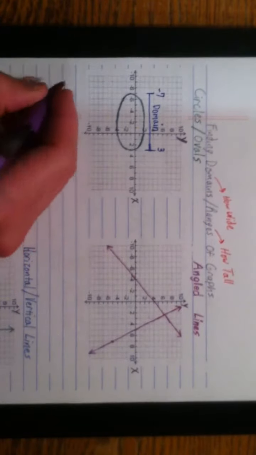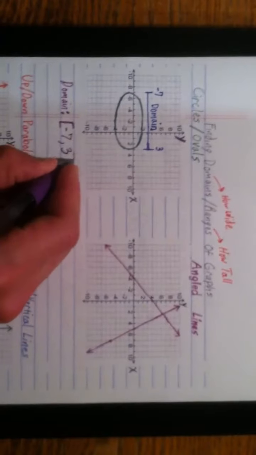So when we are writing our domain, we want to write an interval that describes that. So our domain, writing in interval notation, goes from -7 to +3. Those are all the x values that graph hits through.